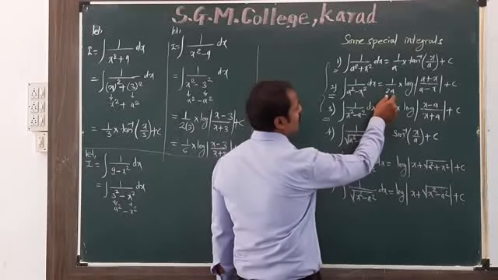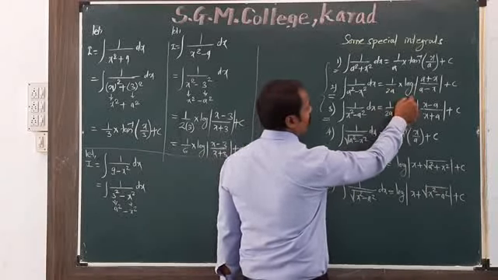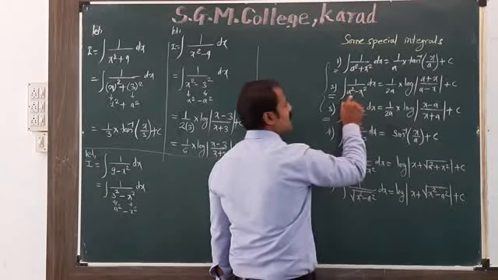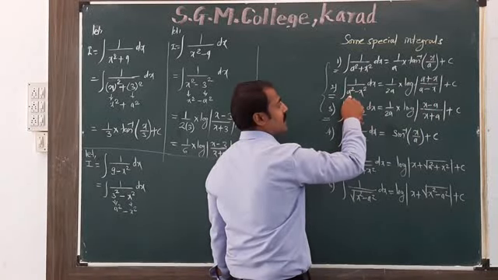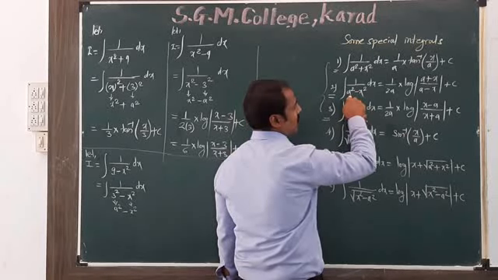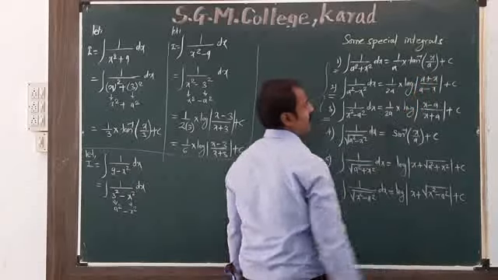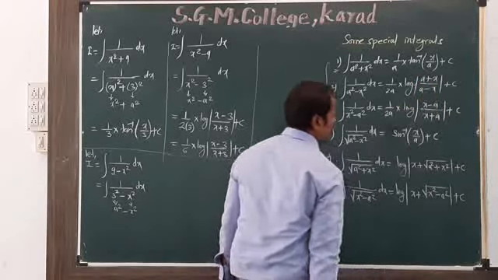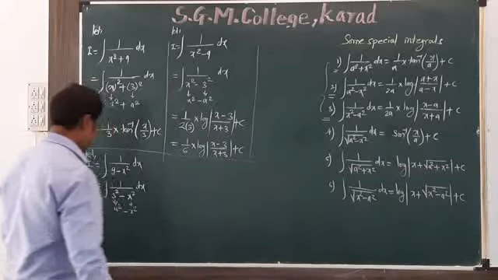So it starts with 1 upon 2a into log of mod of, write the positive factor in the numerator because here the formula started with the constant square. So write the positive factor, that is a plus x, in the numerator and a minus x in the denominator plus constant of integration c.